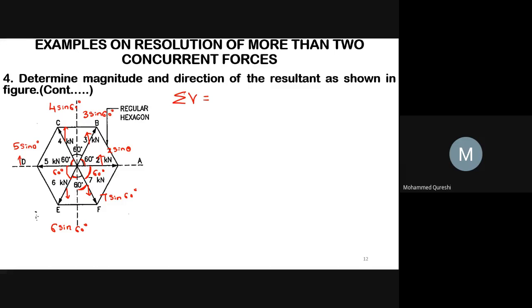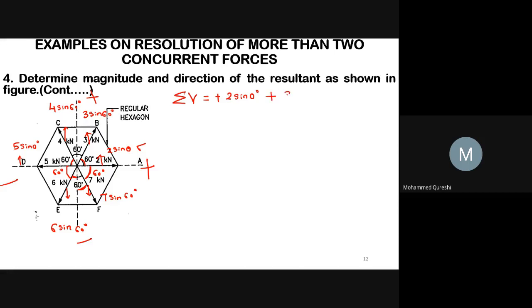Now we will put all the values. So first of all, sigma V, this component 2 sine 0. This will be plus, plus, minus, plus, and here minus, plus 2 sine 0. Then second, 3 sine 60. It will also be plus.